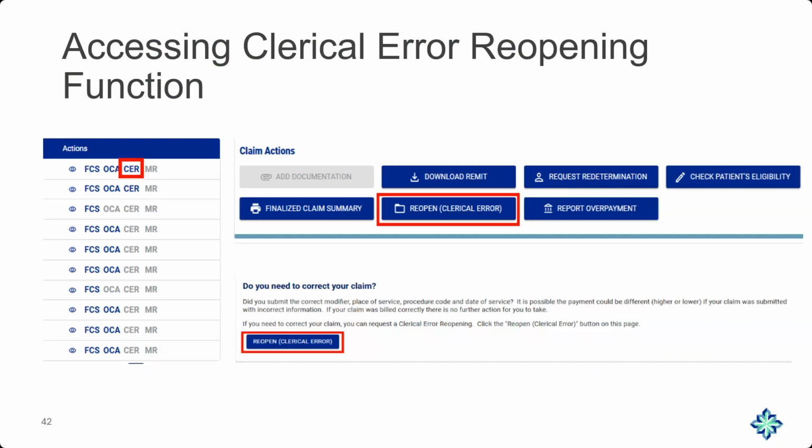Now, when you're in the claim detail, we looked at those claim actions buttons towards the bottom of the section, and it's going to be highlighted in blue if this is an option for the claim. There was also another option when we were looking at the claim detail line. So you've got 3 different places that would show you if you can submit a clerical reopening on the claim.